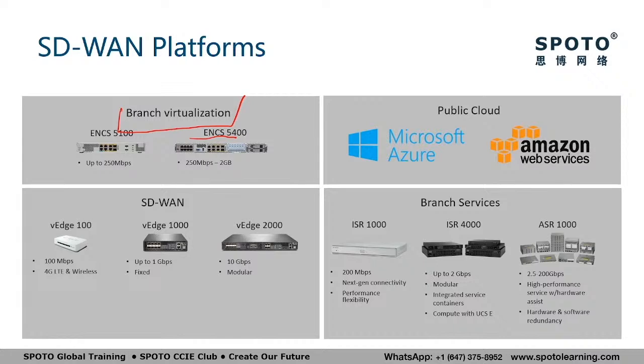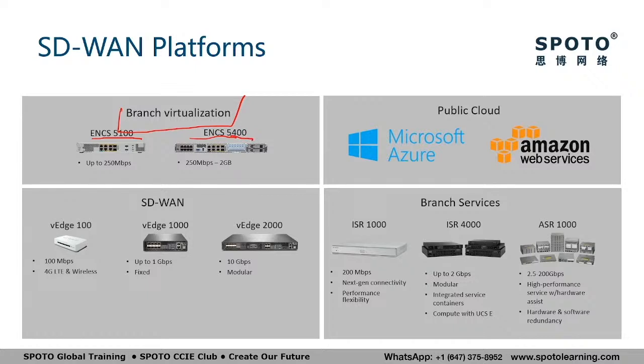The Cisco ENCS is a hybrid platform that combines the functionality of a traditional router and a traditional server with a smaller infrastructure footprint. These 2 models, the 5100 and 5400, are both router and server.